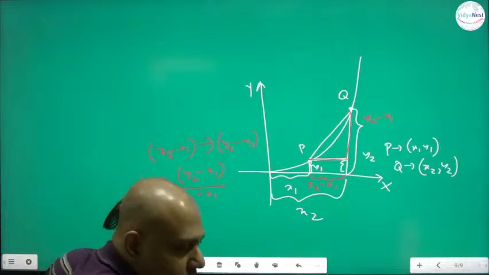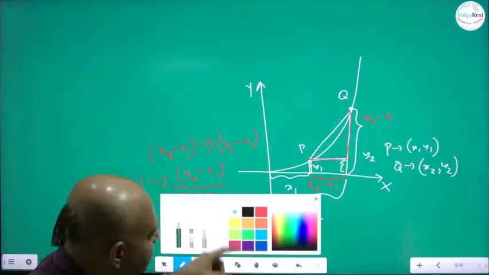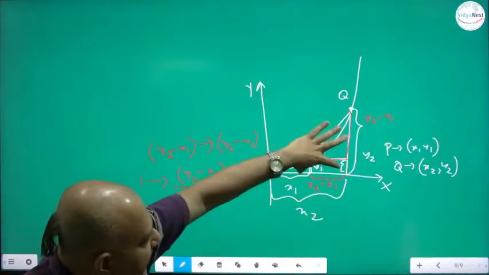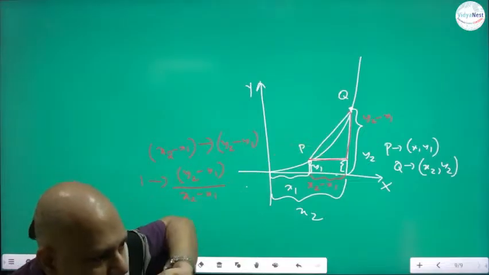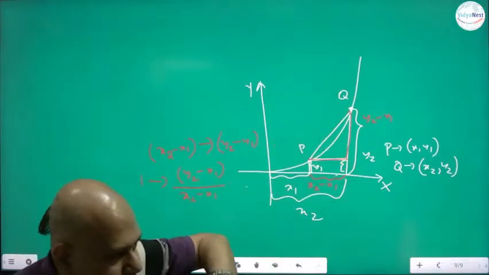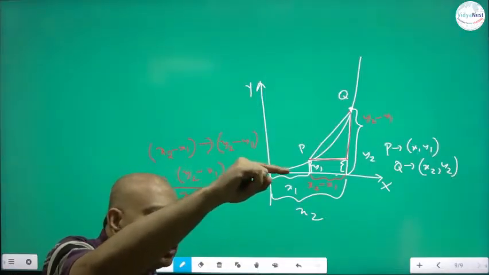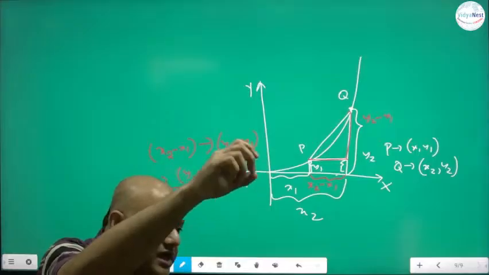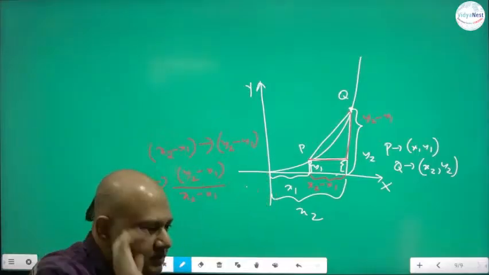Not understood? Just like see, I told you that due to the change of this much of x, this is the change of y. Suppose within 2 years you have earned 4 lakhs rupees.